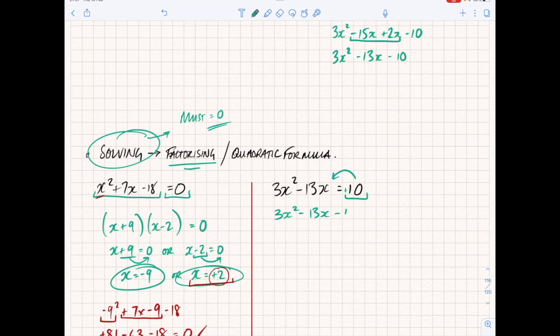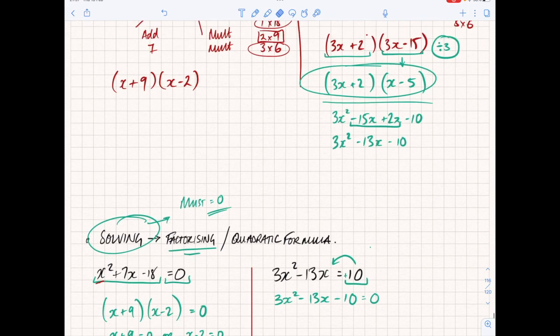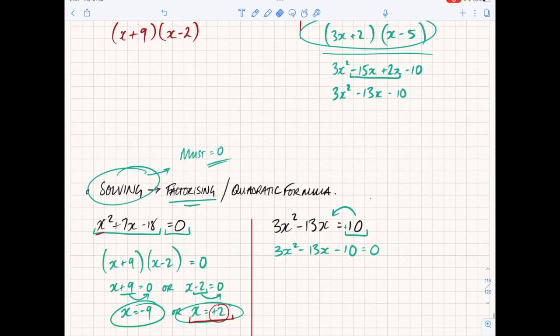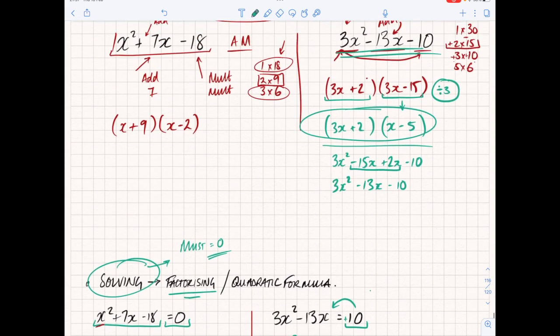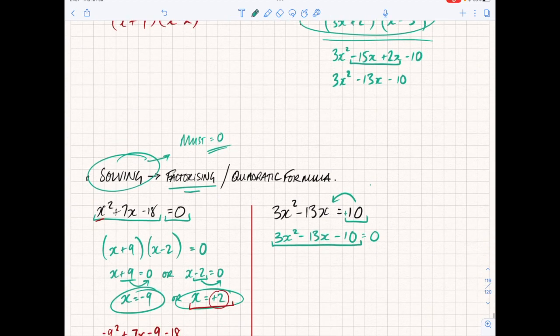It then moves over this way and becomes minus 10, and it equals 0. So your first step is to always make it equal 0 if it doesn't, and then that will get you a mark in most questions when there's a quadratic involved. And then from there, I'm left with what I had back up here, 3x squared minus 13x minus 10. You then go through the factorising process here, which we already know is 3x plus 2.